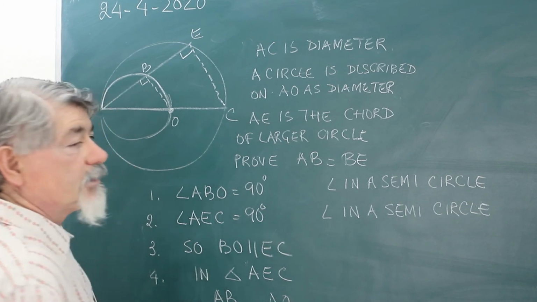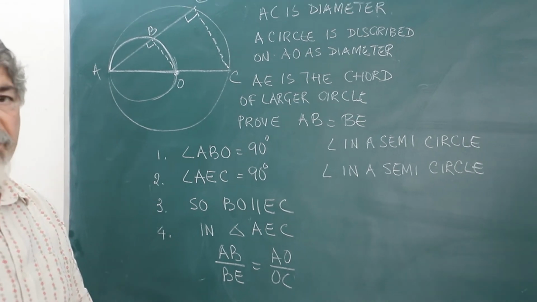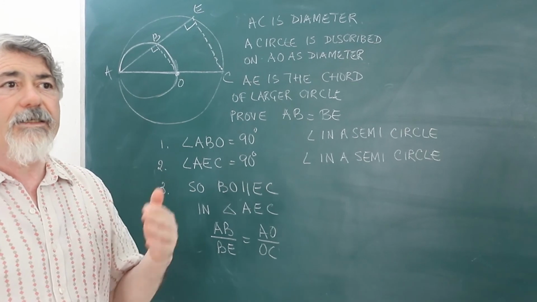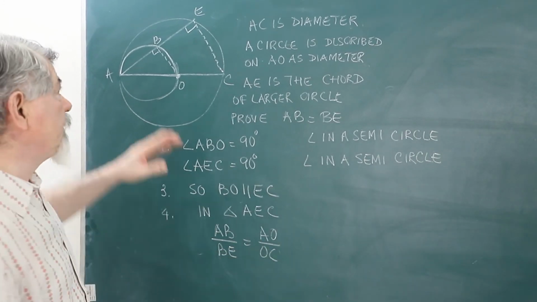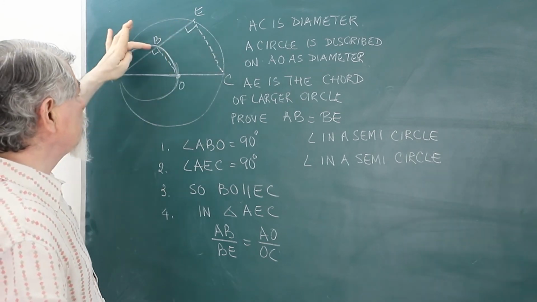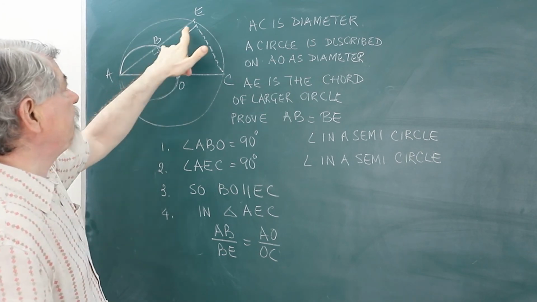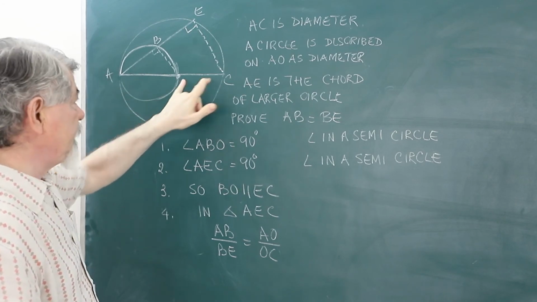This is Thales theorem or the basic proportionality theorem: a line drawn parallel to one side of a triangle divides the remaining two sides in the same ratio. Whatever the ratio of AB to BE is, it will be the ratio of AO to OC.